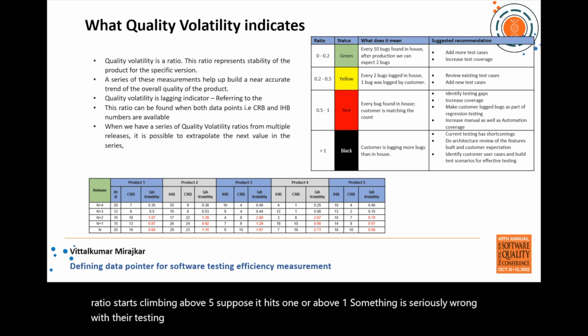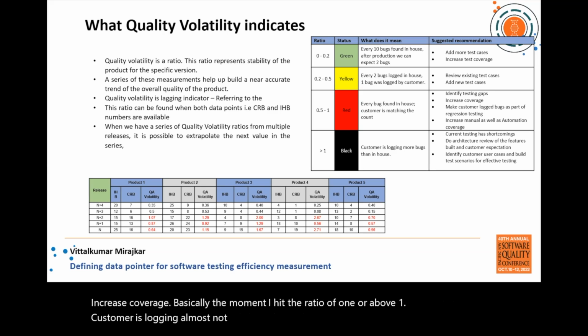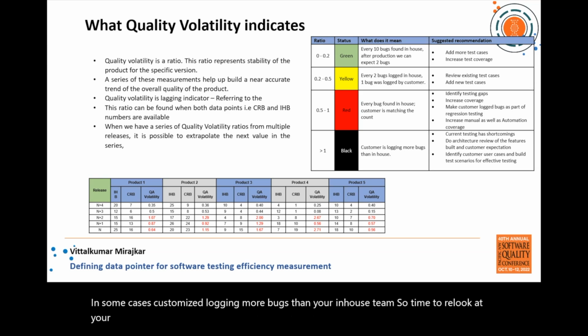You need to pause new feature development, relook at your test cases, and increase coverage. The moment the ratio hits 1 or above, the customer is logging equal bugs as uncovered in-house, and in some cases, more bugs than your in-house team. So it's time to relook at your entire test strategy.